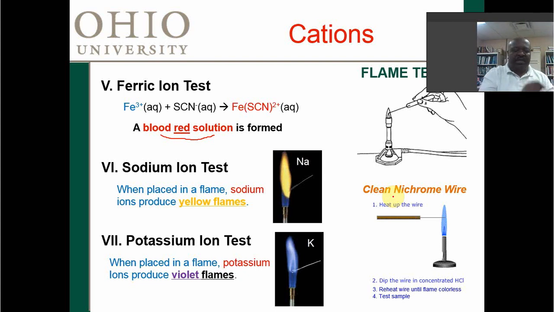Then you dip it in the solution and then put it in the flame. The flame will, in a transitory way, show a yellow color. If it does, and you'll see it in the control line, then it contains sodium. Same test with potassium, kind of violet flame. Violet flame, that's potassium. And so those are the tests that we're going to do.